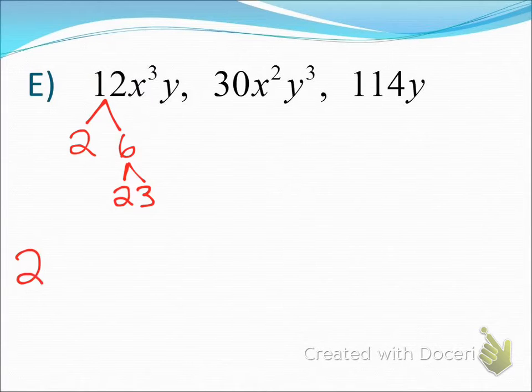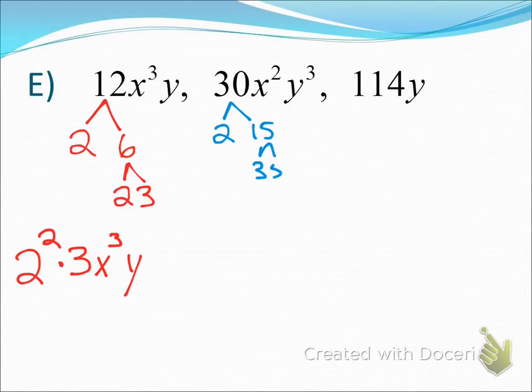So that's going to be 2 squared times 3x to the 3rd y. Next, we have 30. 2 and 15. 3 and 5. So 2 times 3 times 5 x squared y to the 3rd.